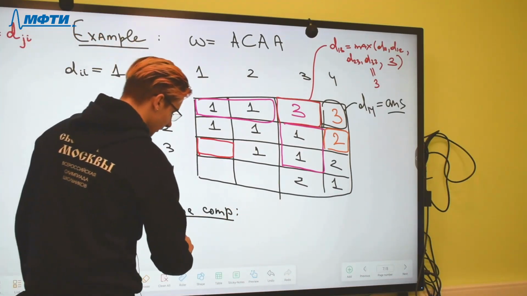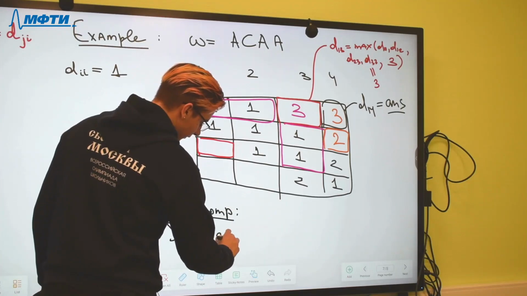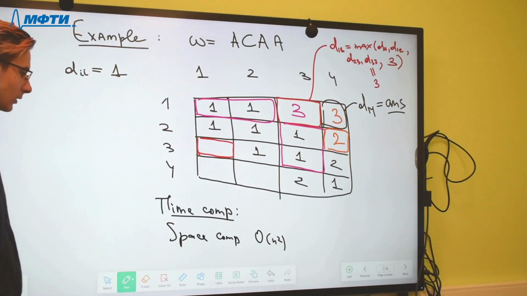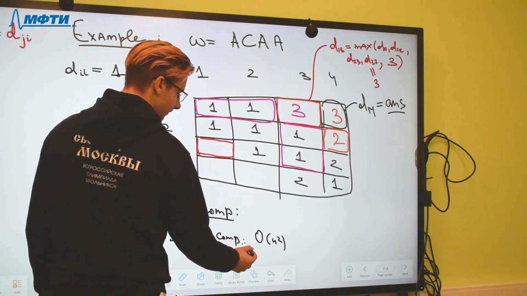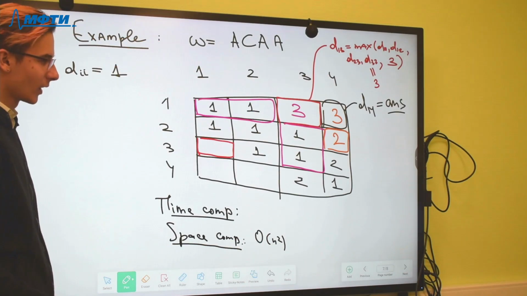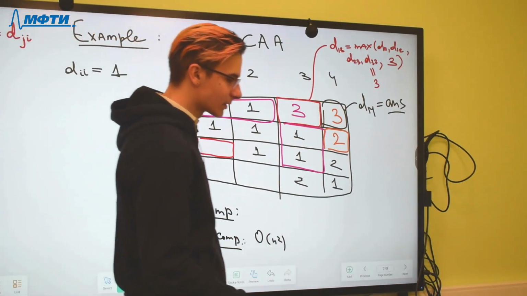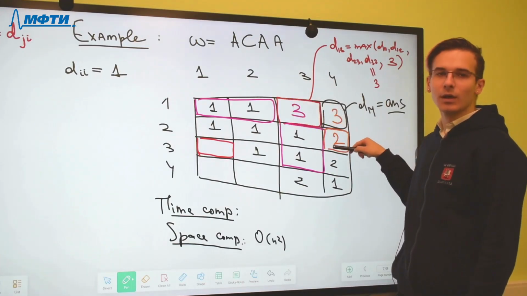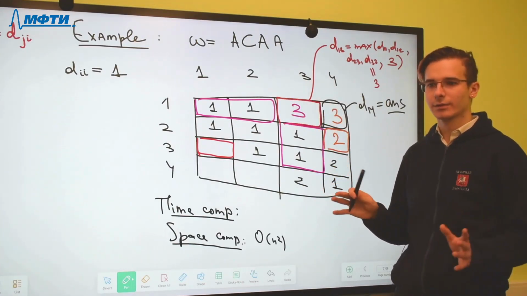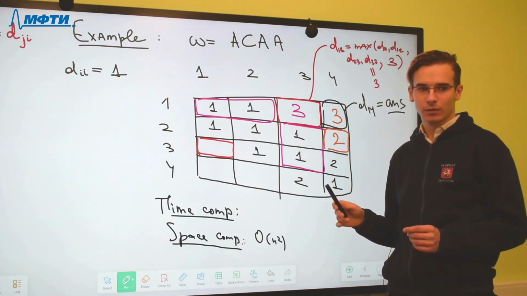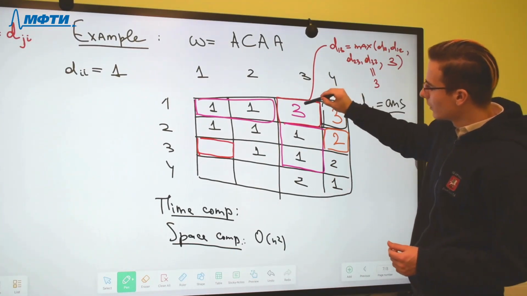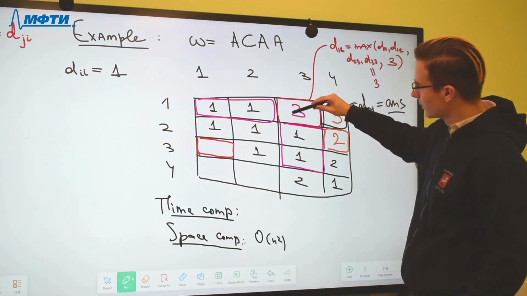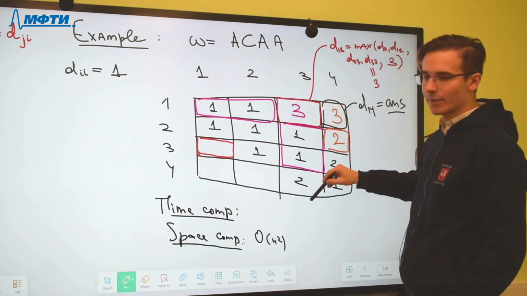Space is understandable. It's equal to O of n square. No. We repeat our recursive formula for all of these cells. The number of cells is asymptotically n square. And you see that for all of these cells, to find the number, we compare this subpart of the matrix and this subpart.